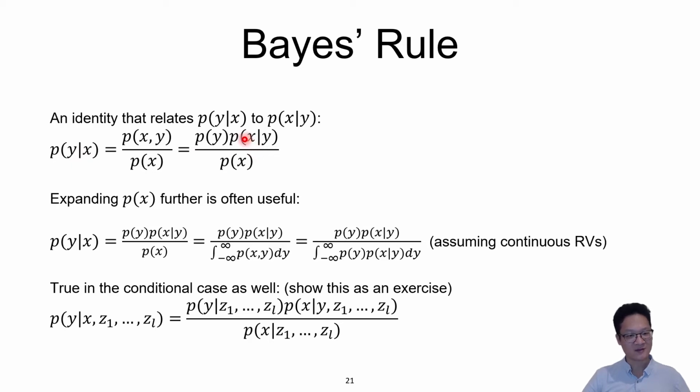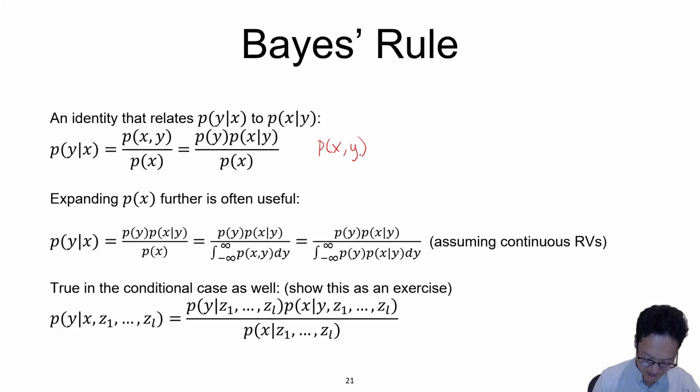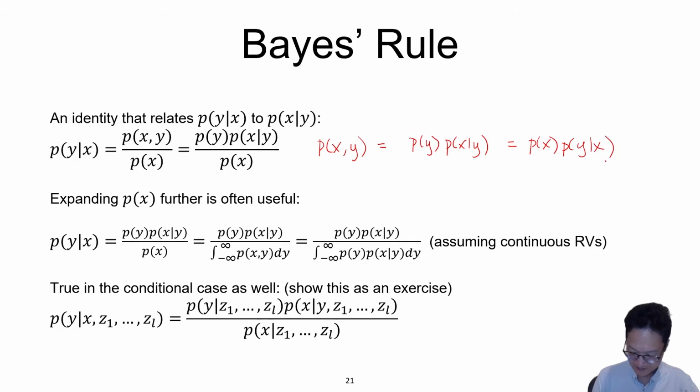So one way I like to use to remember Bayes' rule is to write down the chain rule in two ways. So for example, we could write down P of xy is equal to P of y, P of x given y. But we can also write this as P of x, P of y given x.